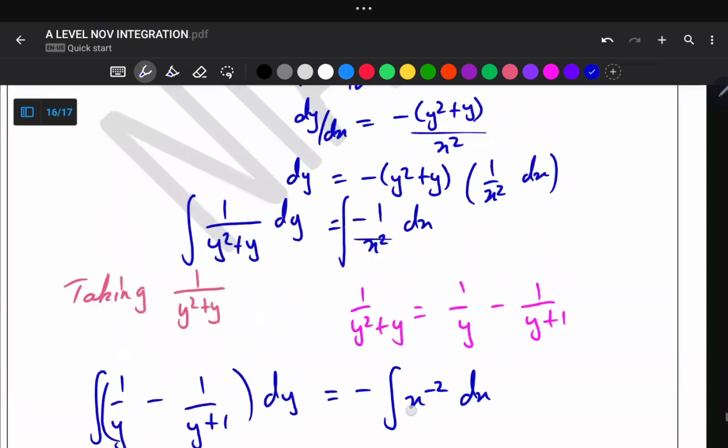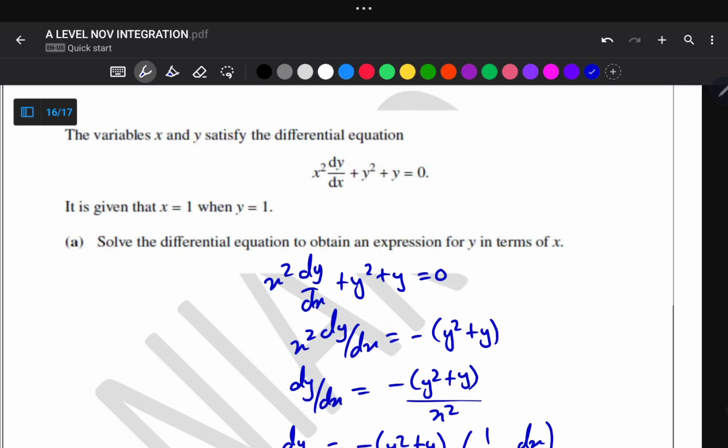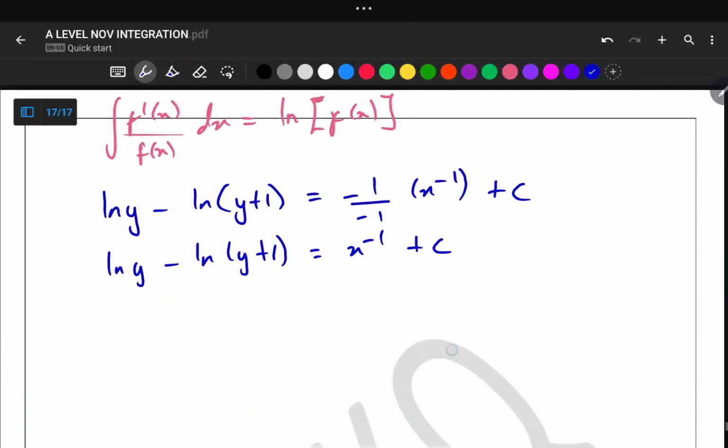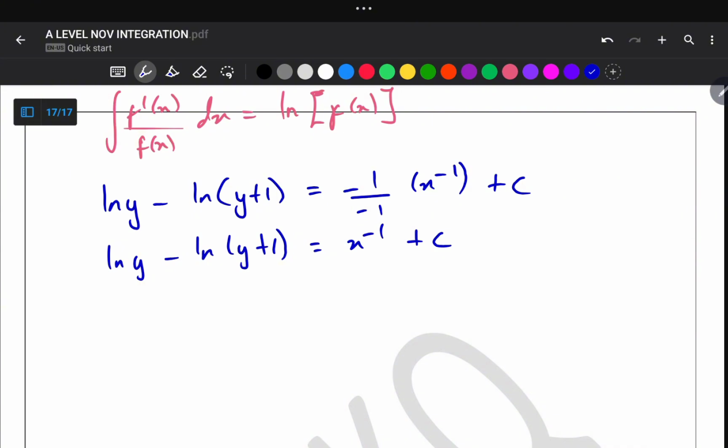So we are given that when x is equal to 1, y is also equal to 1. So here we can substitute the values of x being equal to 1 and y being equal to 1. So it is now ln 1 minus ln 2 being equal to 1 raised to the power negative 1 plus c.